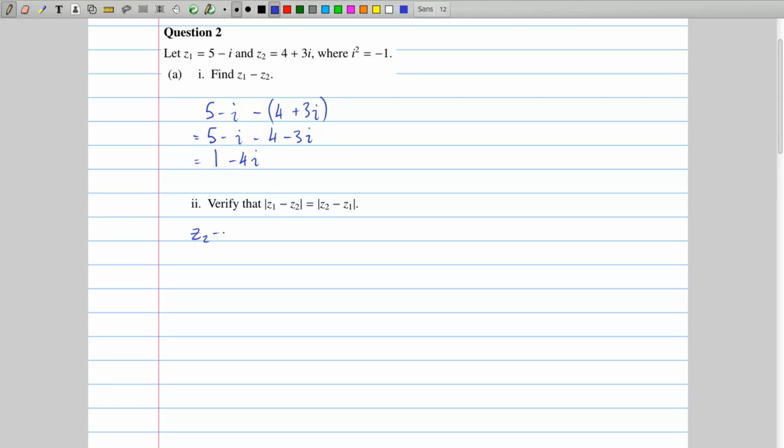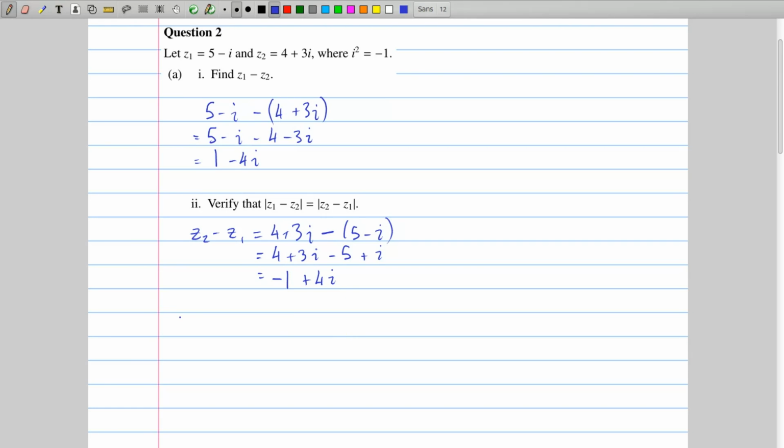So z2 minus z1 is going to be 4 plus 3i minus 5 minus i, just putting that in brackets to make sure I get my signs right. So 4 plus 3i, it's going to be a minus 5 and a plus i, and so you end up with minus 1 and plus 4i.